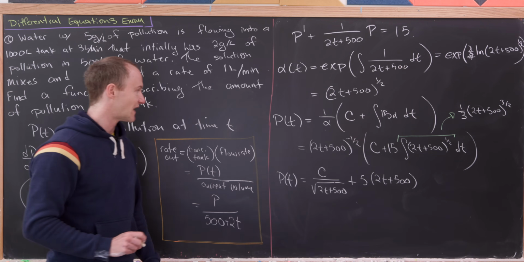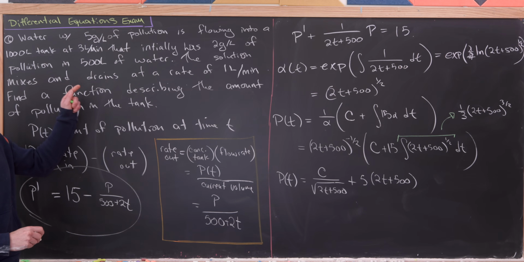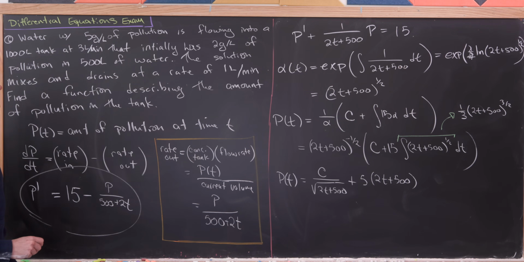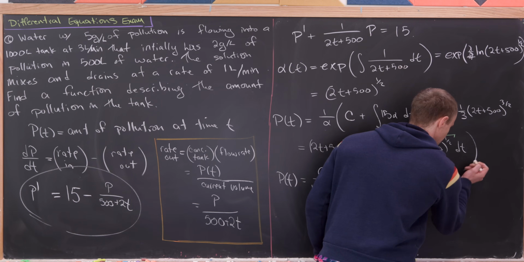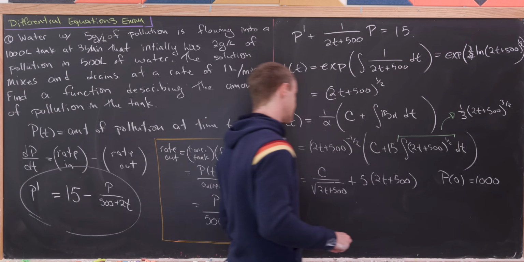But of course, we can find our C value here because, well, there's something we haven't used yet, and that is we've got an initial condition. Notice that there's initially 2 grams per liter of pollution in 500 liters of water. That means that we know P evaluated at 0 is equal to 1,000.